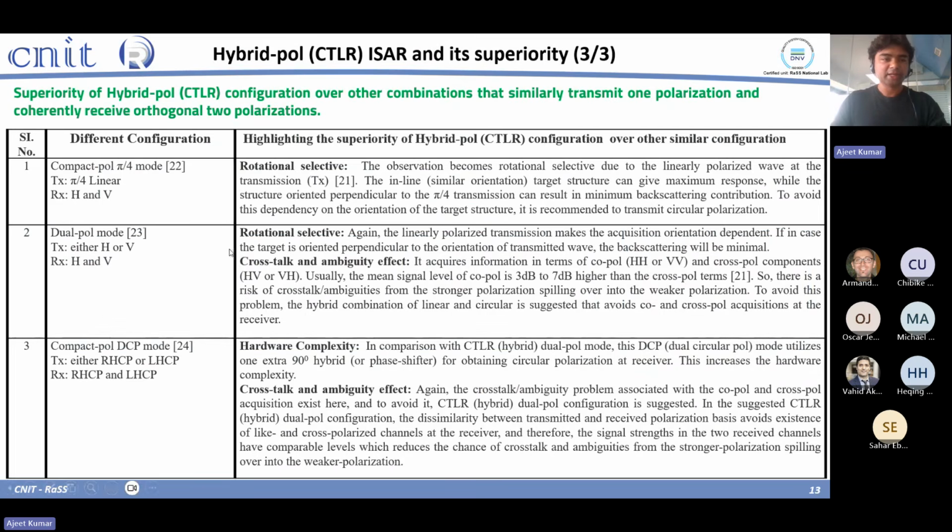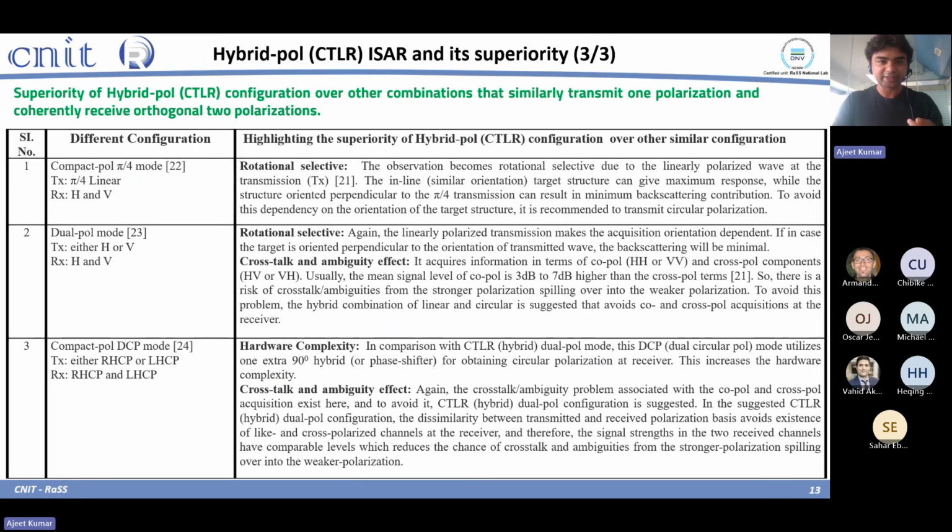For example, if you have a pi by 4 mode, that's a linearly polarized wave, and you're transmitting a pi by 4 inclined wave. If you have a target which is perpendicular to this transmitted linearly polarized wave, you can probably miss the target, or the backscattering will be very weak.